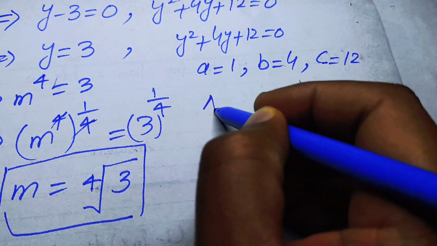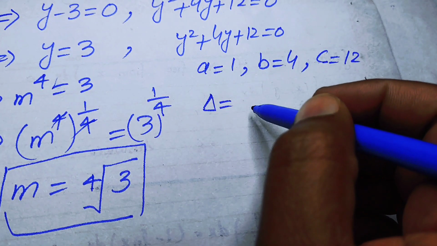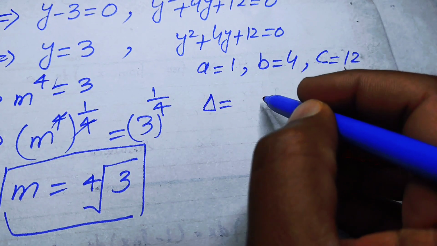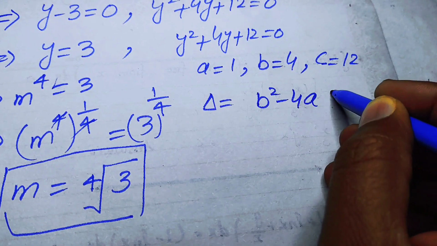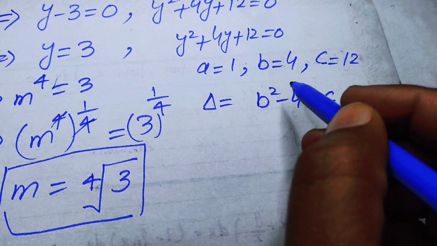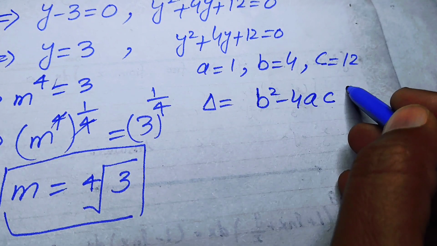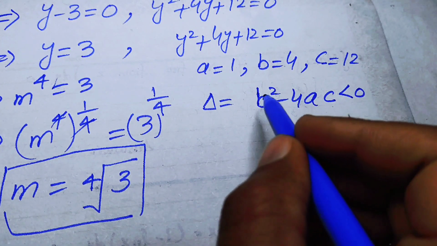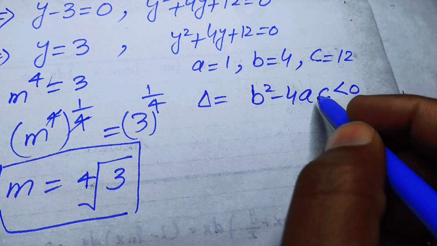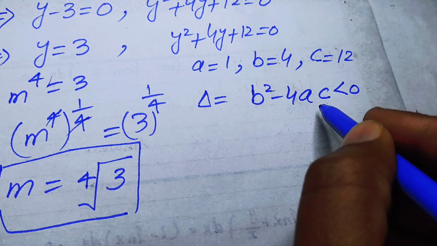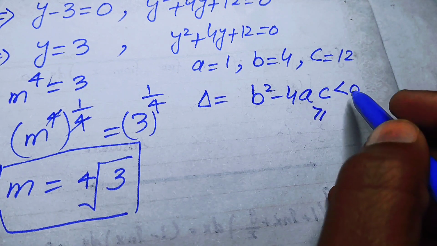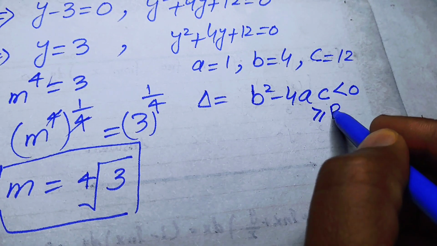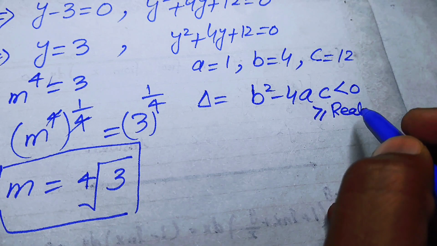So now I can use delta, where delta is equal to b squared minus 4ac. If our delta is less than 0, then we can say that our roots are complex or imaginary, and if delta is greater than or equal to 0, then our roots are real.